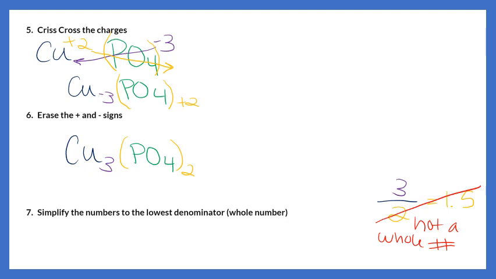So the small subscript numbers are going to stay as they are. So officially, this is Cu3 PO4 2. So the chemical formula for copper 2 phosphate is Cu3 PO4 2.